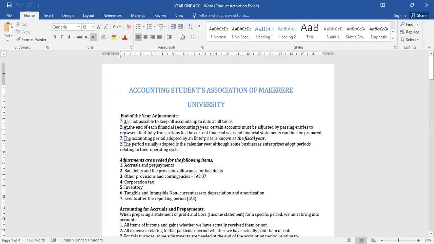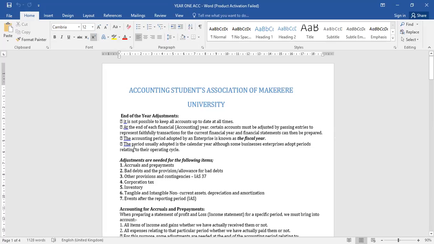At the end of each financial accounting year, certain accounts must be adjusted by passing entries to represent faithful transactions for the current financial year, and financial statements can then be prepared.